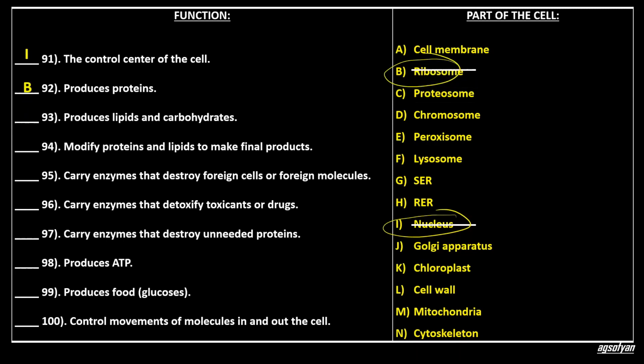Organelle that produces lipids and carbohydrates will be smooth ER. The organelle that modifies proteins and lipids to make the final products, like enzyme and hormone, should be the Golgi apparatus.